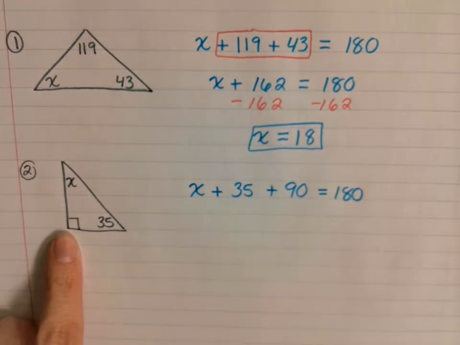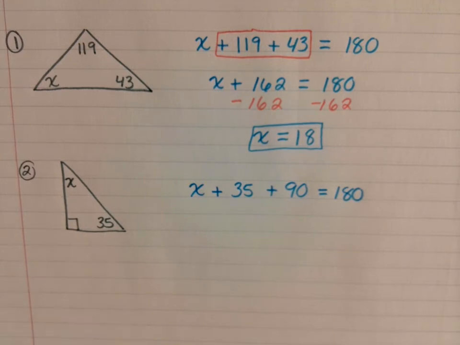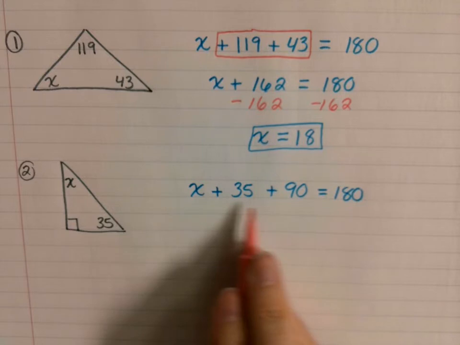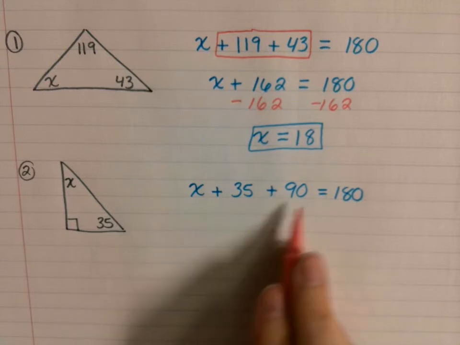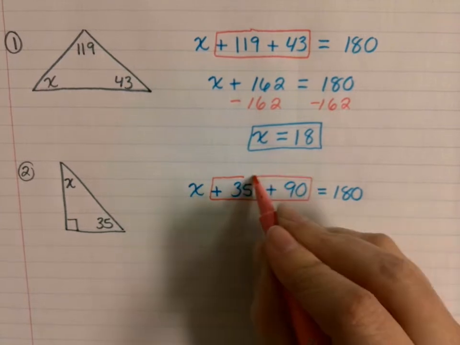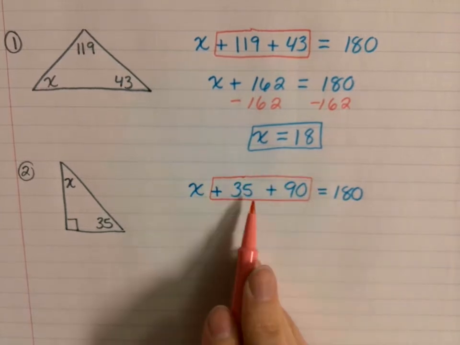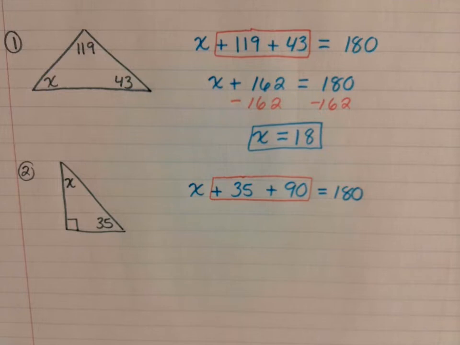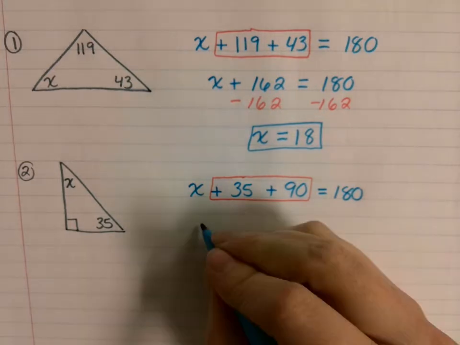And the first thing that we want to do is simplify this expression, the left side, by combining like terms. So I'm putting a box around the positive 35 and the positive 90, and I'm going to combine those together. If I add 35 and 90 together, that's going to give me 125.